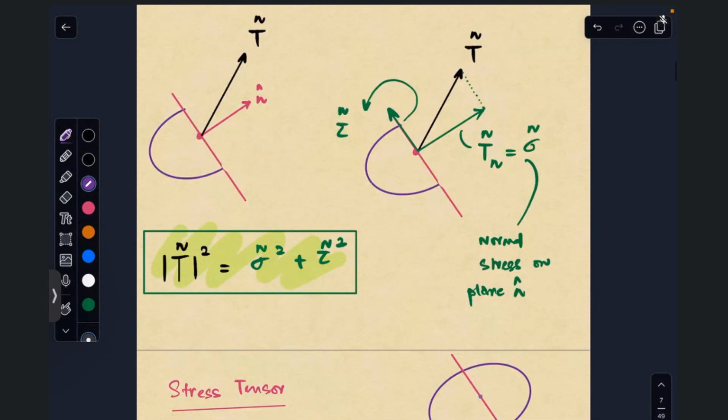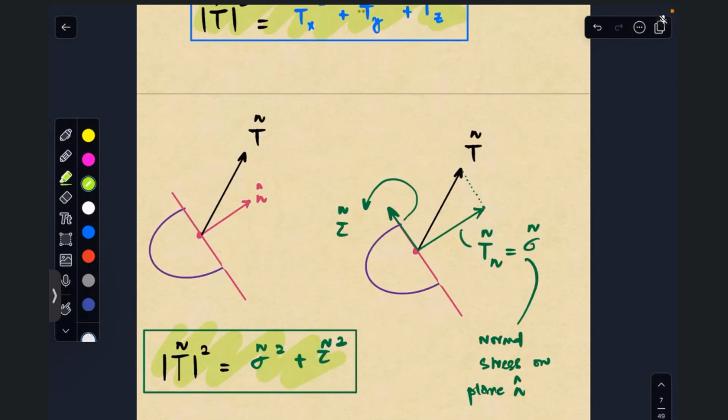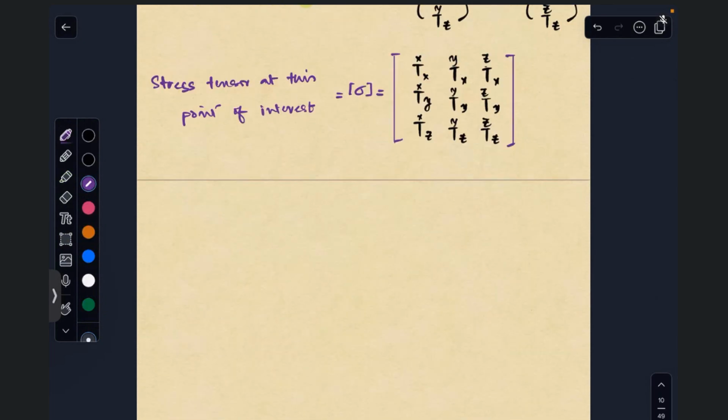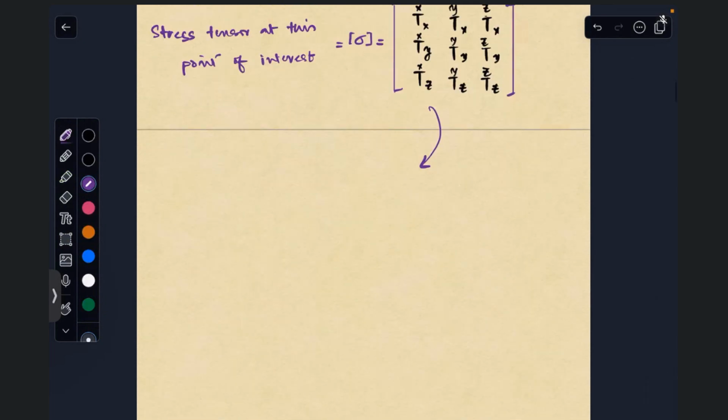Now, in our earlier discussion, we saw that when I have the same subscript, I will replace it with a normal stress. When I have n and n plus pi by 2, which I did not write, it will be tau. So, applying the same convention here, my stress tensor can be written at this point like this.